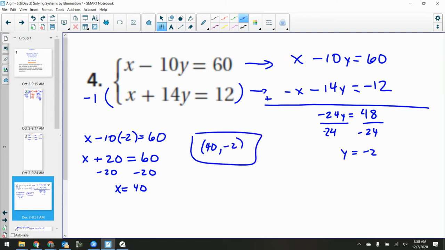They won't bite. Joey, we're going to have different signs to add them all. Yes. That's why we had to multiply by a negative here. We had to multiply by a -1 so that we achieved the whole different sign thing. I thought you had a different sign, like 10y plus 14y.